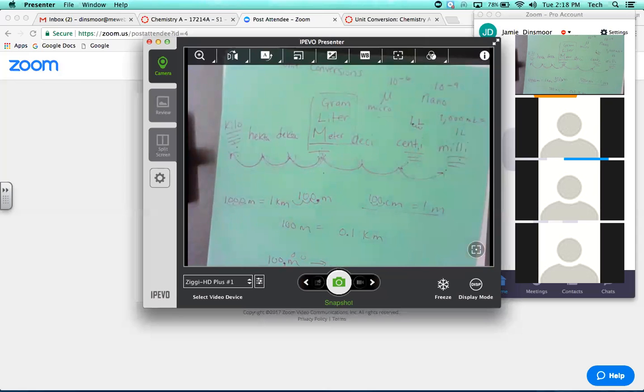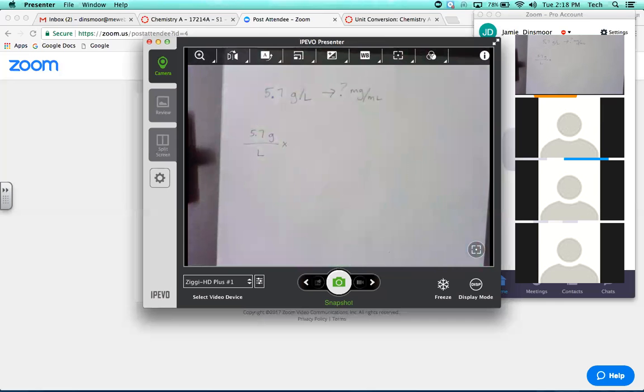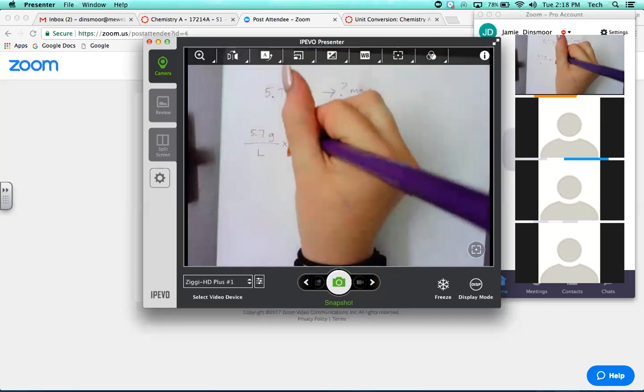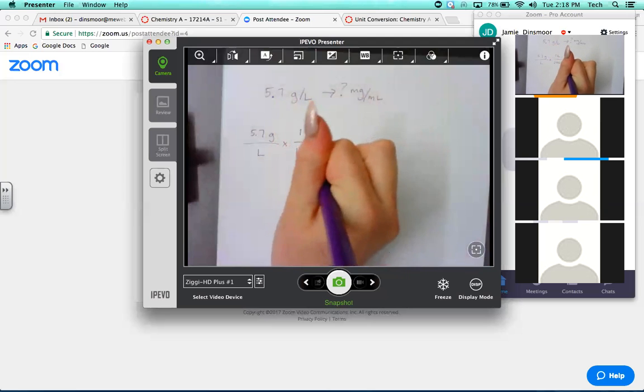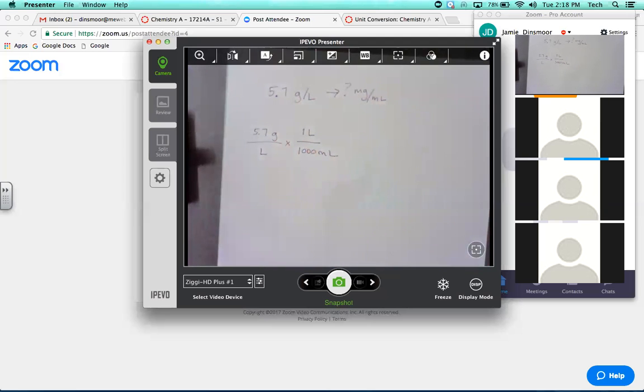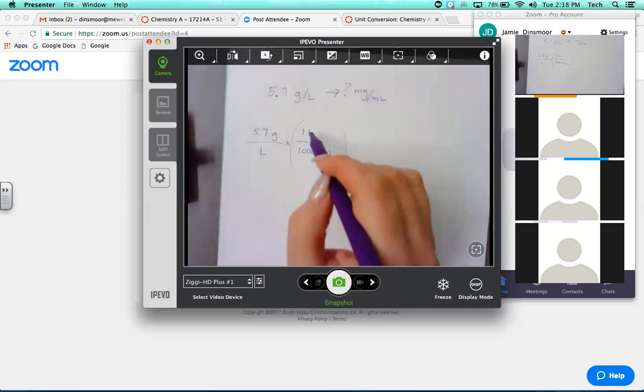Okay, so I go back to my dimensional analysis. I now know that 1 liter is equal to 1,000 milliliters. And this part is a little confusing too, I think, when you start multiplying by stuff, because you're like, wait, why are we multiplying? Technically, we're multiplying by 1. These are equivalent.